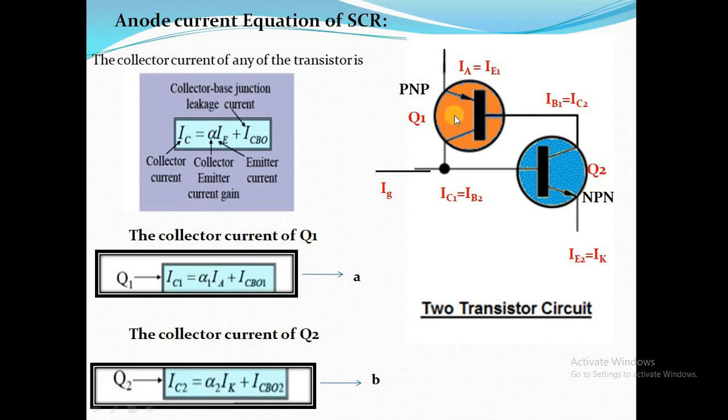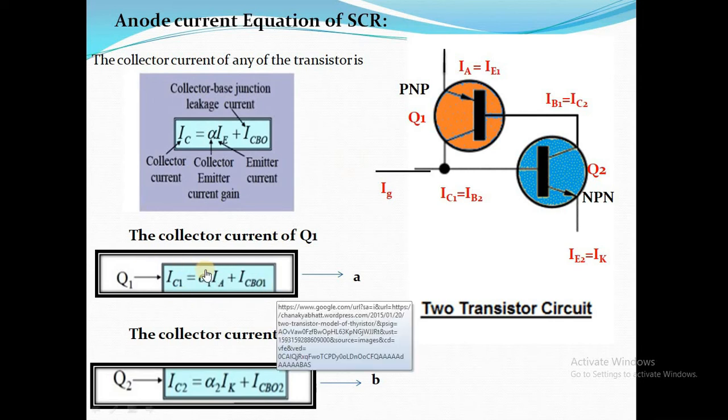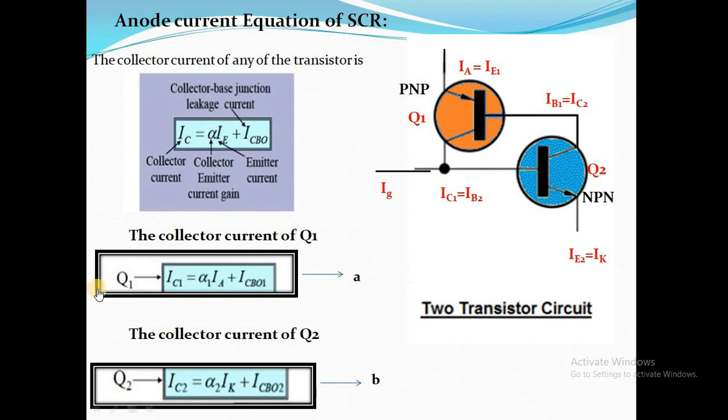The collector current for Q1, the first transistor, is represented by IC1, which is equal to alpha 1 IE1 + ICBO1. Q1 has the collector current IC1 equal to alpha 1, and the emitter current IE1 is the same as the anode current.